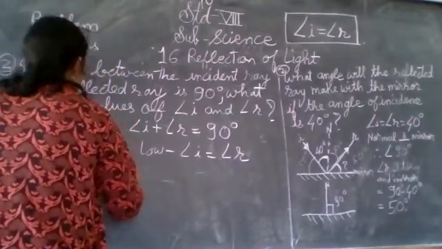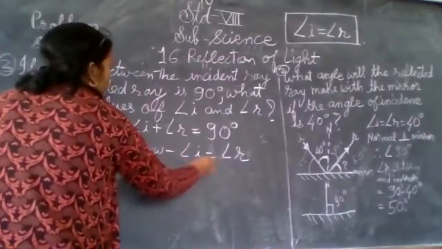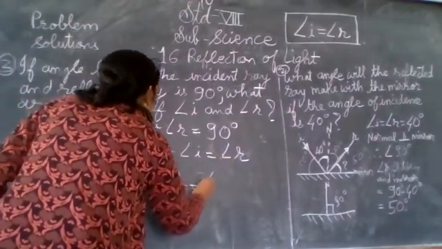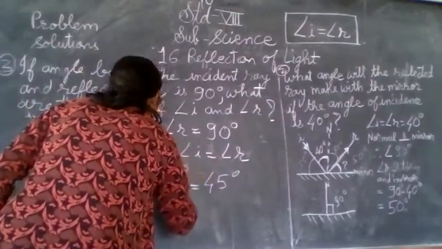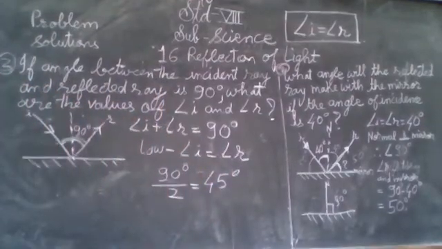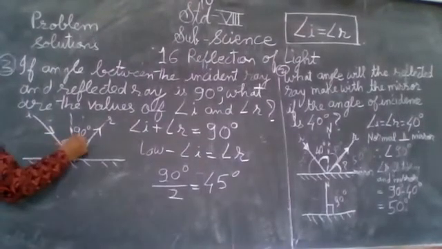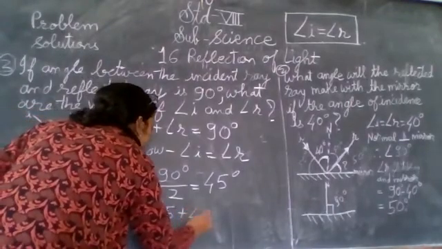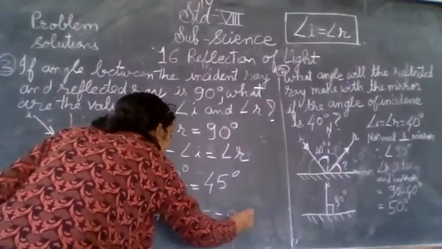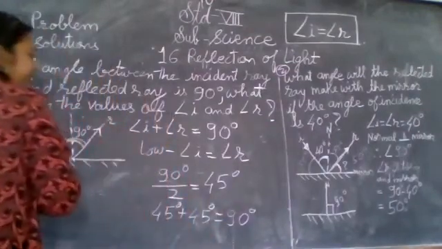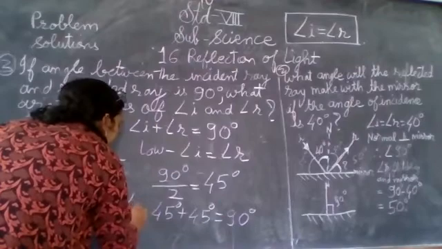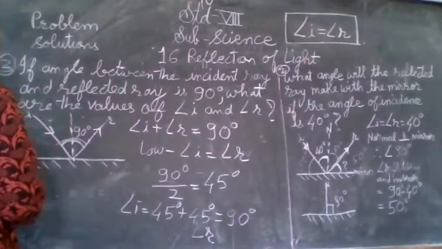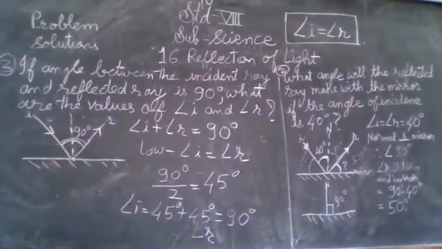So both are the same. 90 divided by 2, I am going to get 45 degrees. 45 degrees, one angle, 45 degrees, another angle. And 45 plus 45, I am going to get 90 degrees. Isn't it? So, angle I is 45, angle R is also 45, and together they form this 90 degree angle.